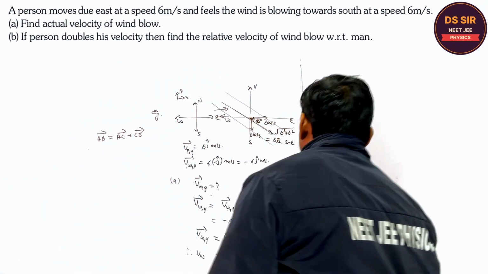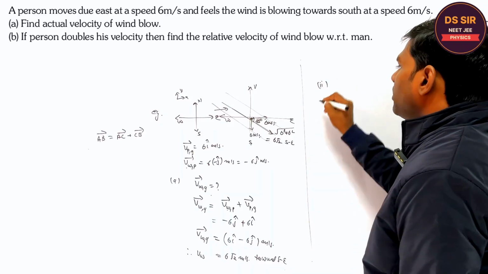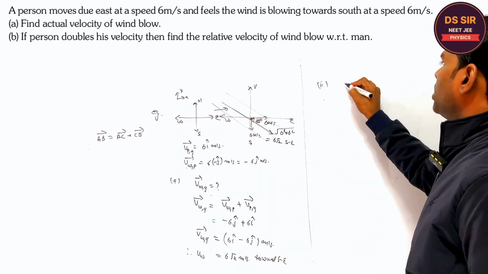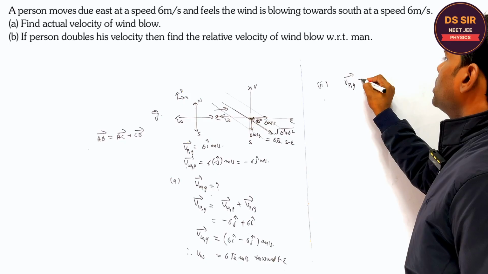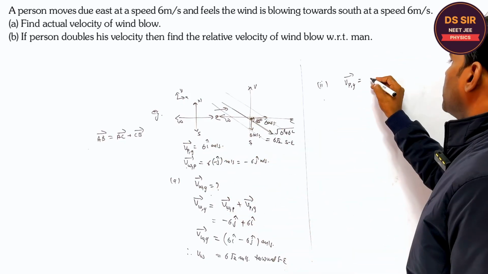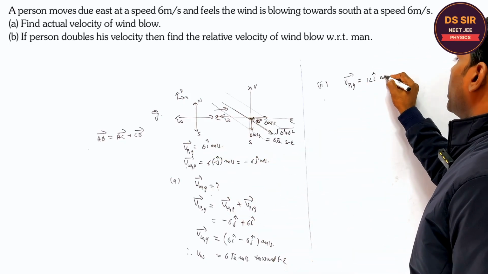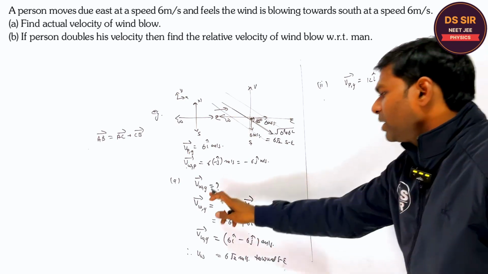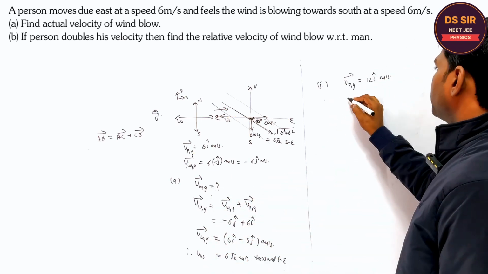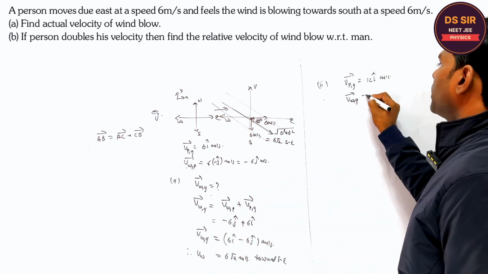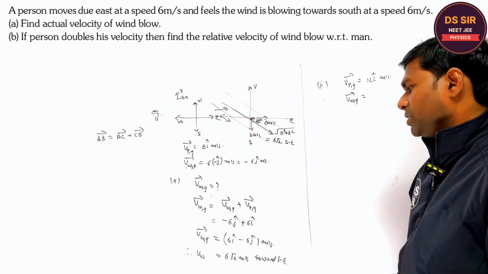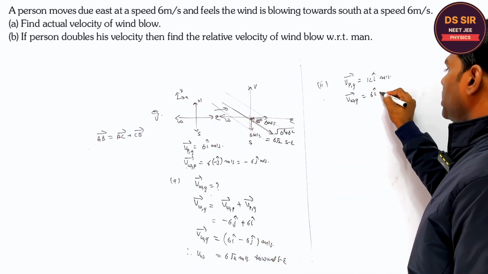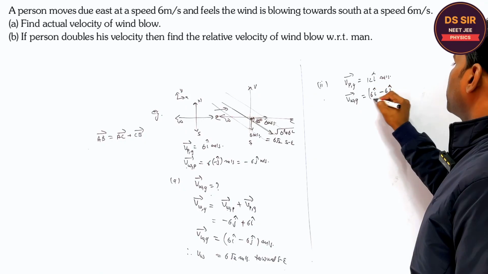Now, in the second part, if the person doubles his velocity, the person's velocity becomes 12 i cap meter per second, and the velocity of the wind remains the same. Wind with respect to ground does not change, and it is 6 i minus 6 j meter per second.